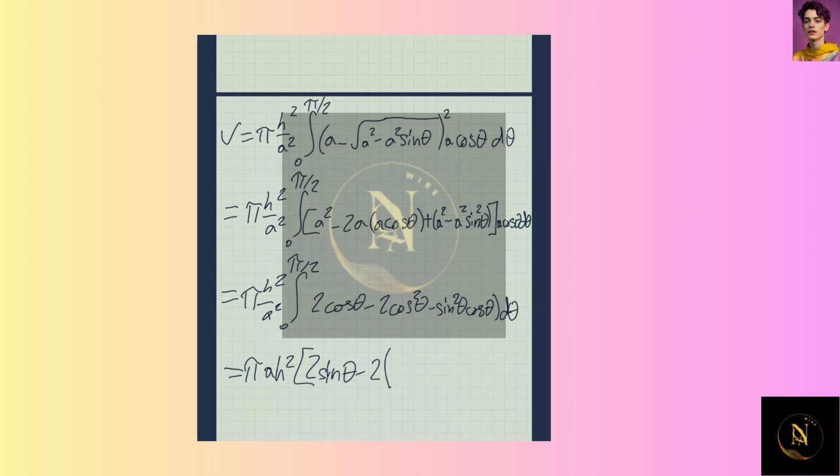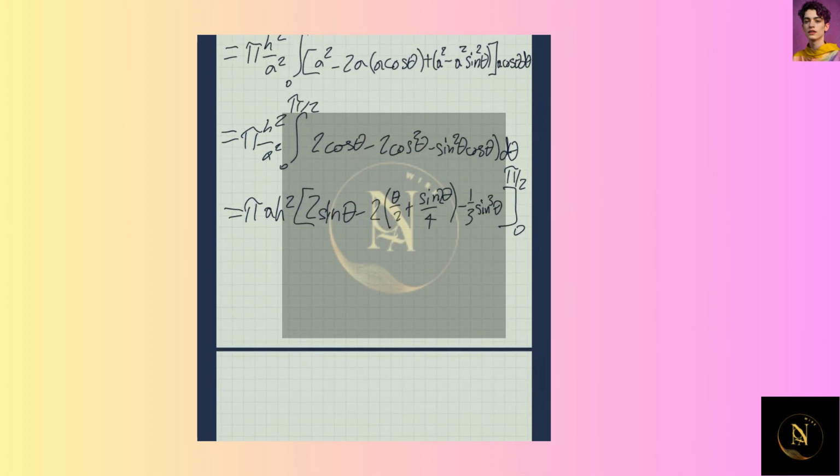Now actually solving the integral, we get pi a h squared times 2 sine theta minus 2 theta over 2 plus 2 theta over 4, minus 1/3 sine cubed theta, and this is all from 0 to pi over 2.